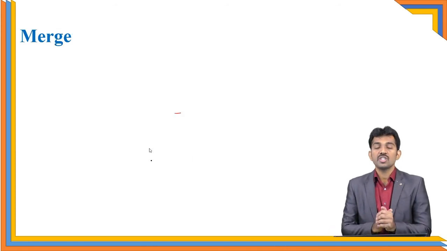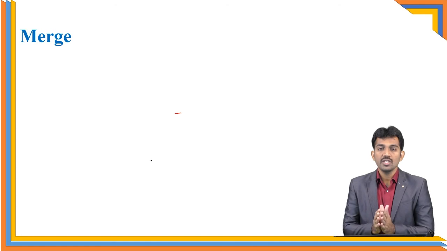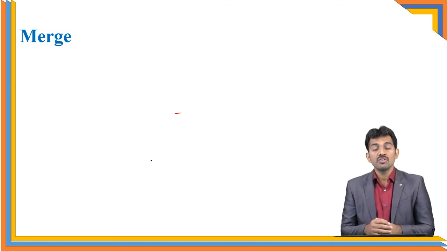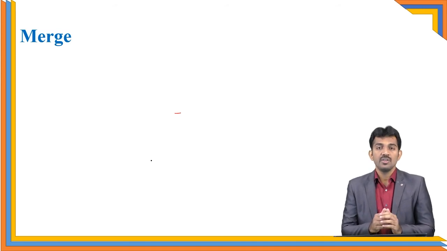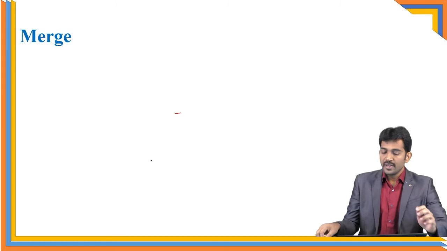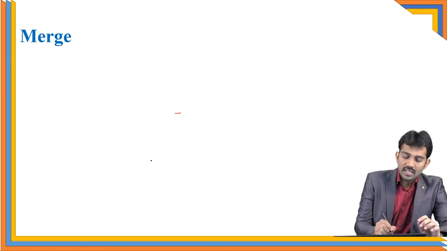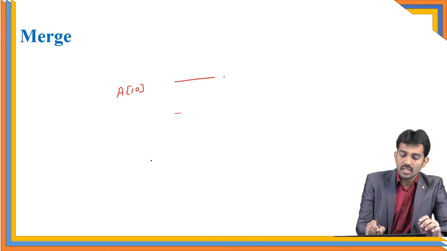Next, merge. How to merge two given arrays into a single array? Already array A is there, and we want to merge the next array into it. For example, here one array is there. Please note this. This is array A of size 10, but it contains only 4 elements: 1, 2, 3, 4.